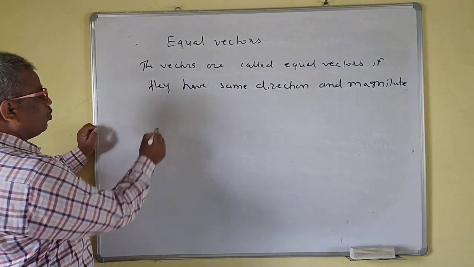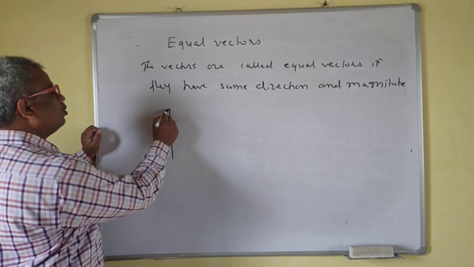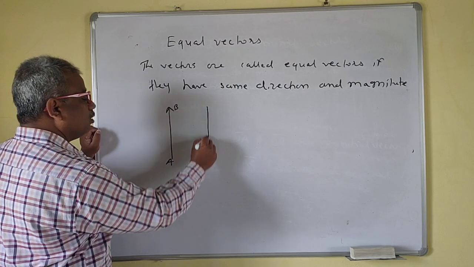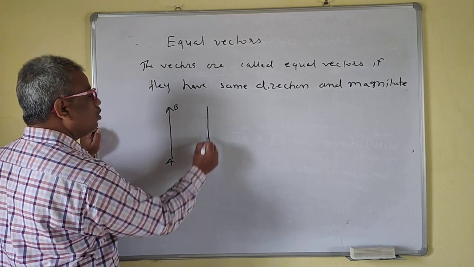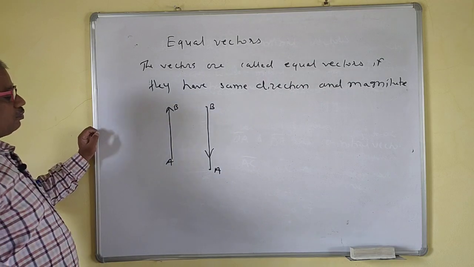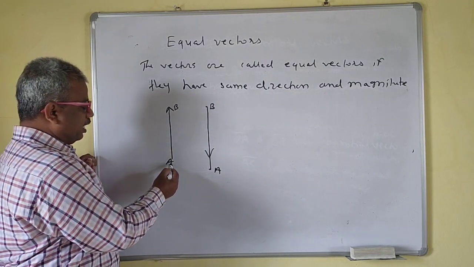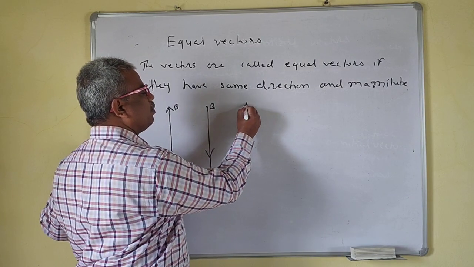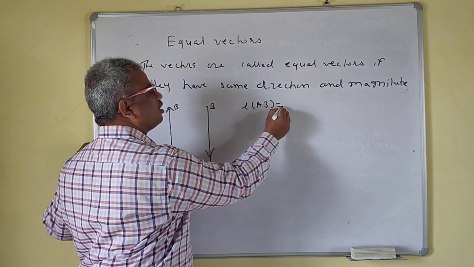Now suppose this is your A and suppose this is your B. Now suppose this is your B and this is your A. Now see, the lengths are same, the segment AB. That means length AB is same as length BA.